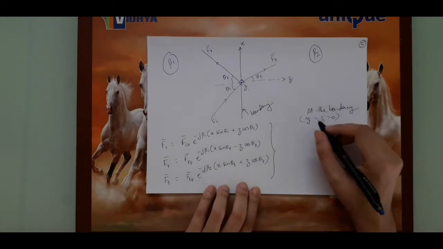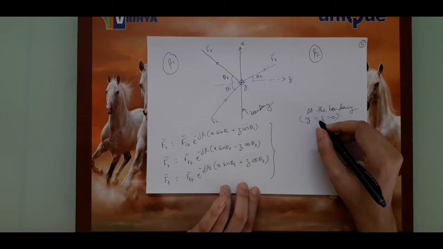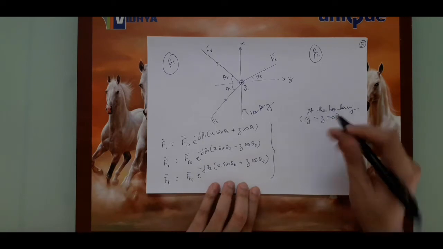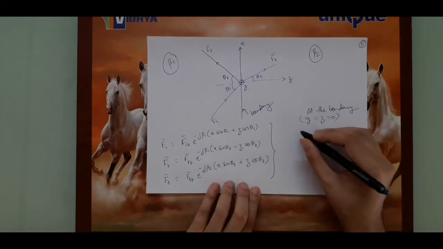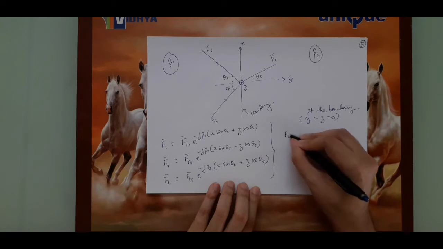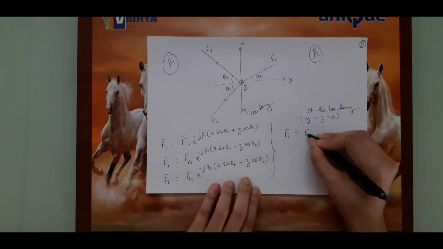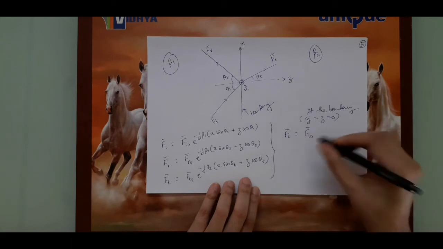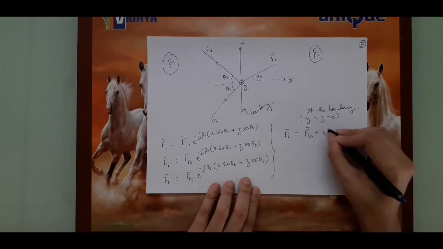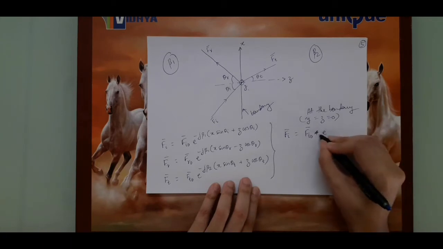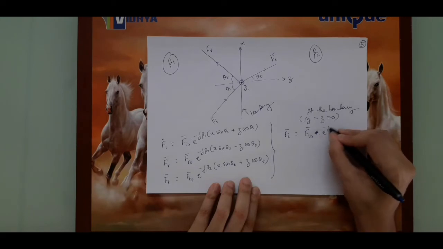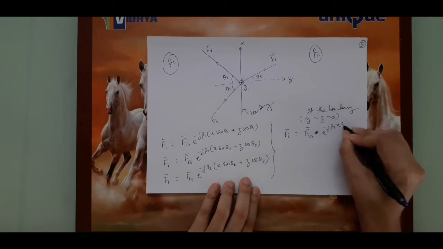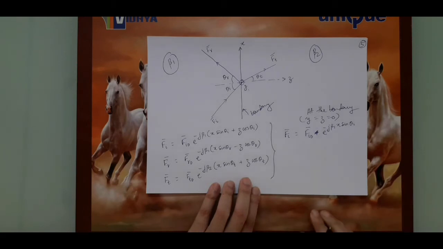So we can say that the Fi vector becomes nothing but Fi0 times e raised to minus j beta 1 x sine theta i.